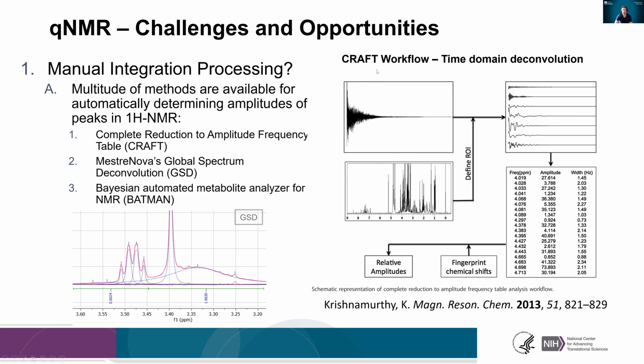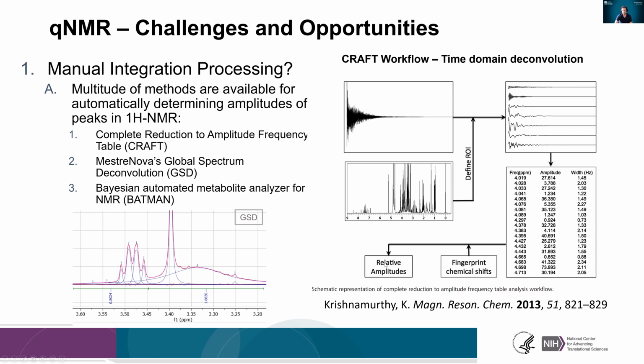In terms of how the CRAFT workflow works, you take the FID, you can break it down into subregions, and then using filtering, separate the main FID into sub-FIDs. So these are all for different spectral windows. And then using some computation, you get a complete list of all the peaks with their frequencies, their amplitudes, and their widths.